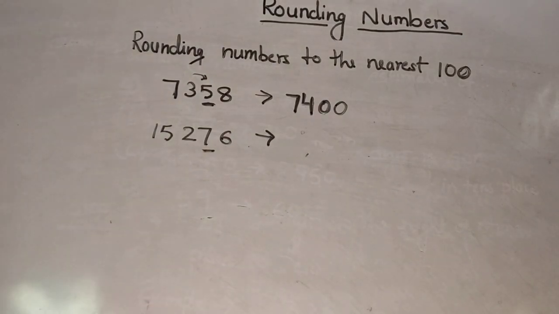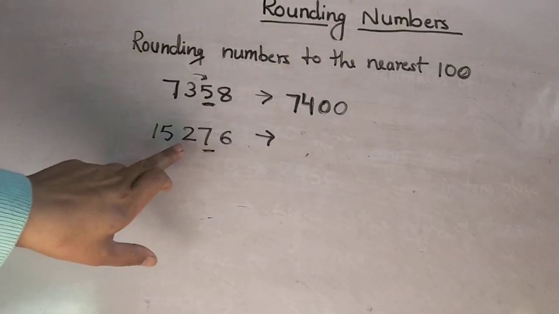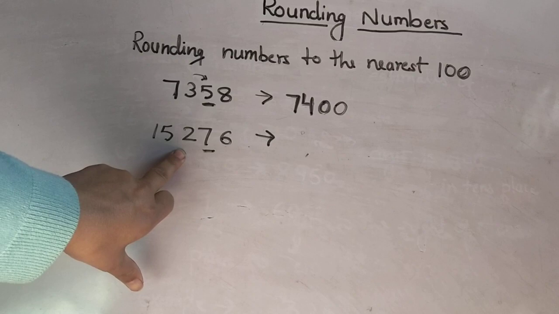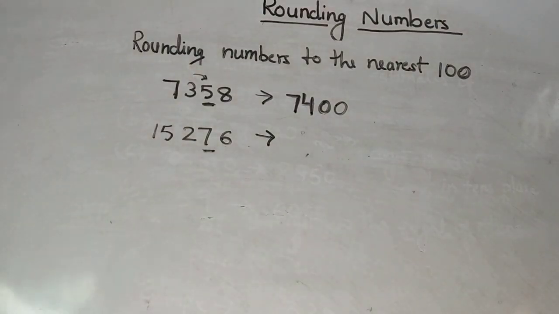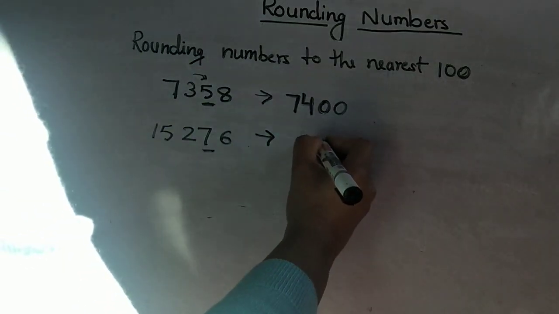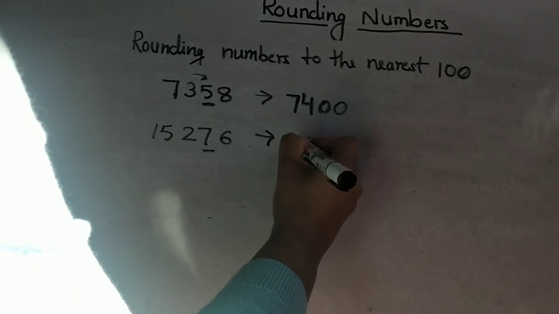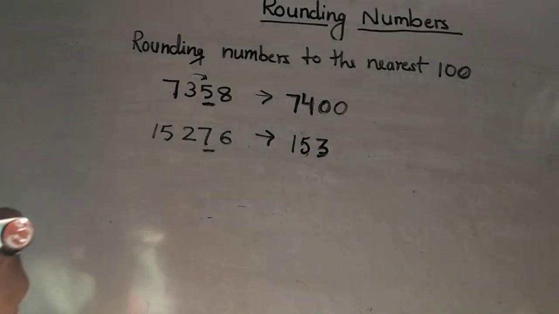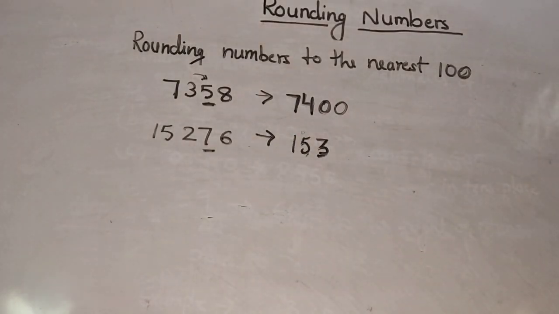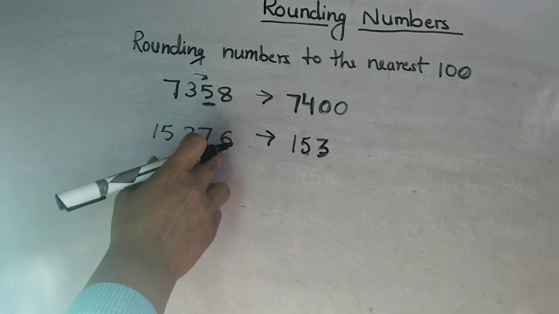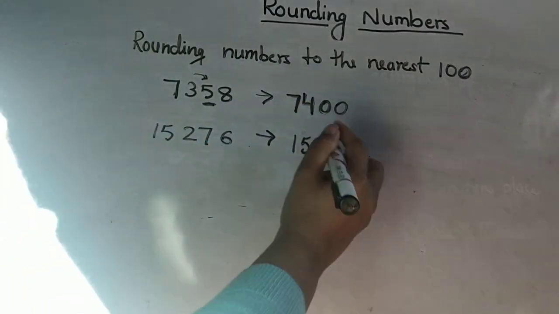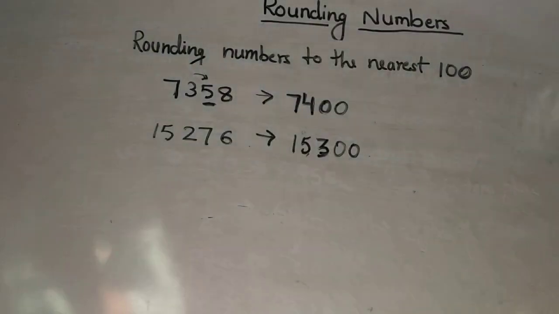Tens place is greater than 5, so we will add 1 to the 100 digit. Second step, change all the digits to the right of 100 place to 0. So two places are there, tens and ones.